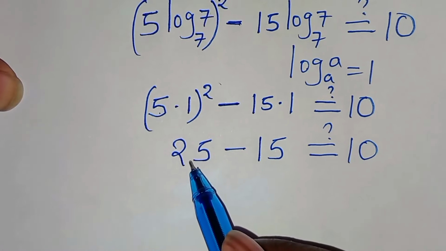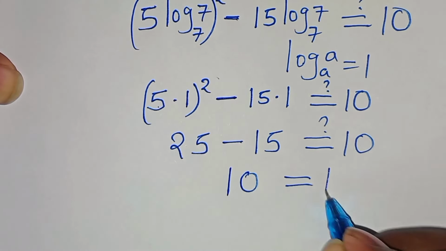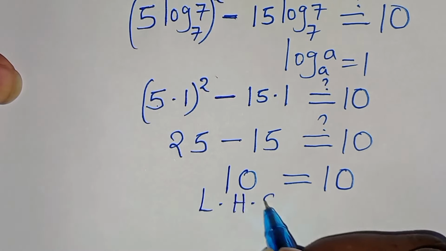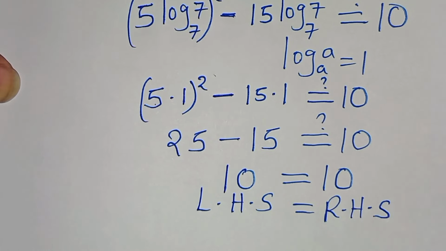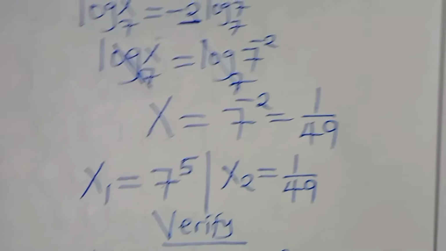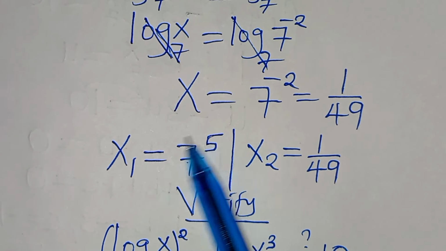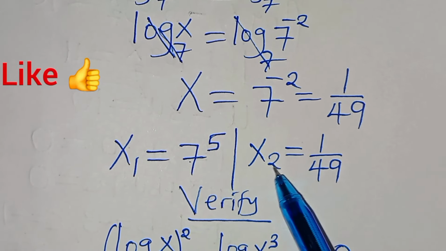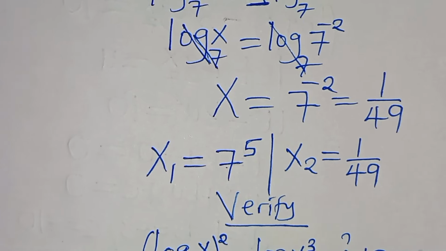So we have 25 minus 15, this is equal to 10, and this is equal to 10. So this implies that the left hand side is equal to the right hand side. And this proves that x1 equal to 7 to the power of 5 satisfies the equation. Now, you can check this x2, which is 1 over 49, if this satisfies the equation.